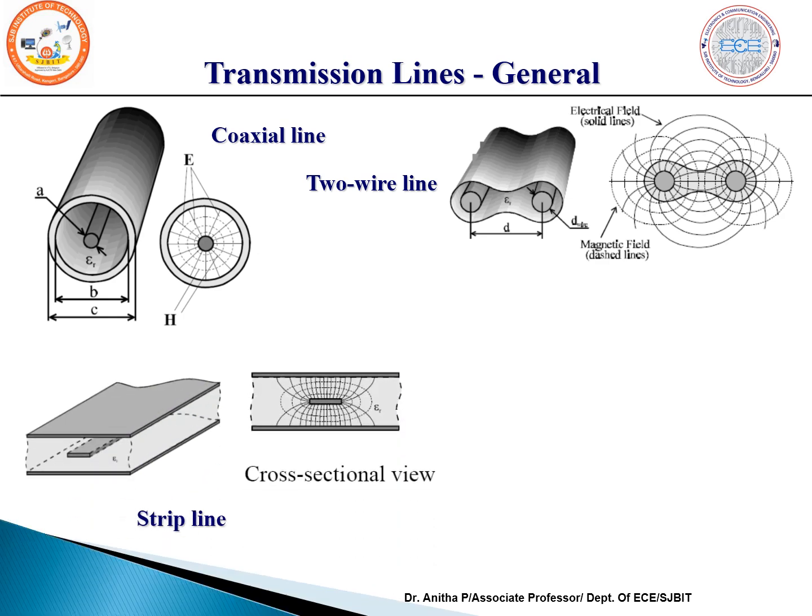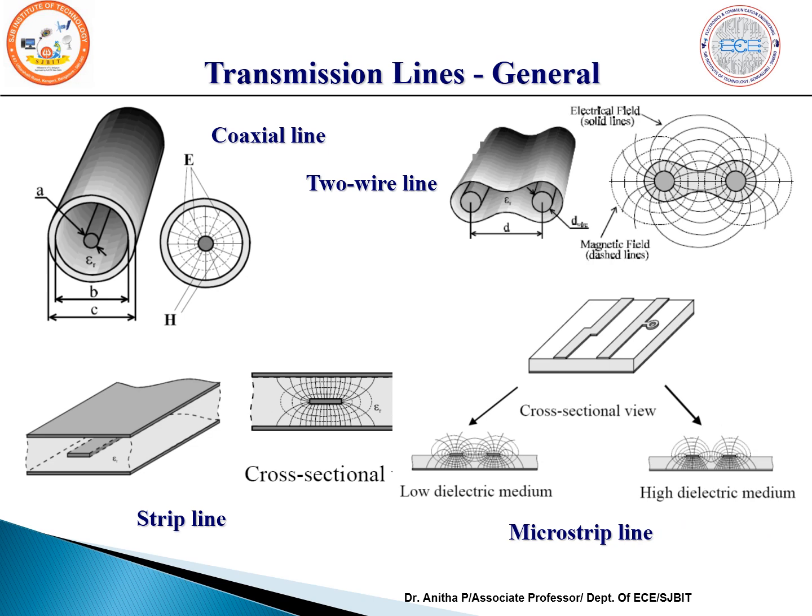Another form of transmission line is a strip line. Here you can observe two layers, a top layer and a bottom layer, which are conductors, and the middle layer is separated from the ground plane by a dielectric material of epsilon r.